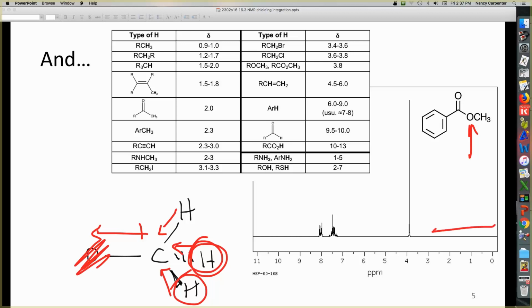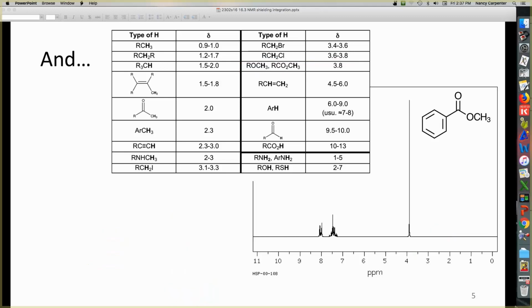Therefore, this is pulled downfield, de-shielded, and sure enough, it's exactly what we see. It shows up right around where the correlation chart tells us it should, around 4 parts per million.